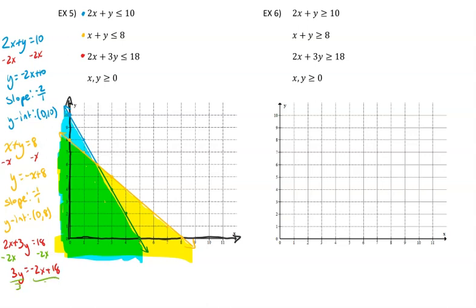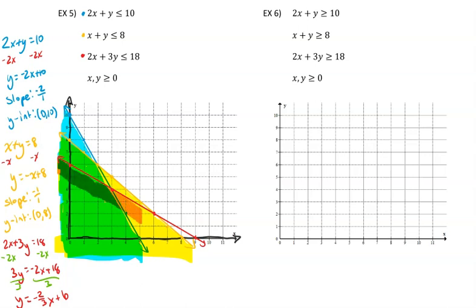Divide both sides by 3, and we get y equals negative 2/3 x plus 6. So we're going to go up to 6 and then go down 2 and right 3 and draw our line through that one as well. Alright, this one is also below.